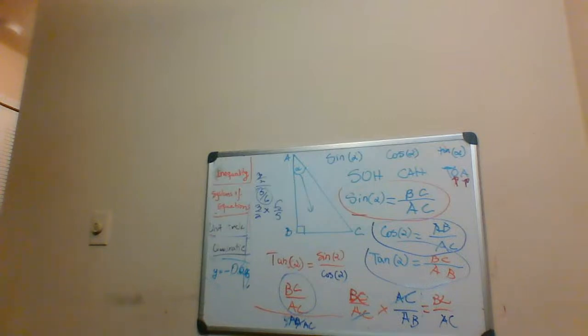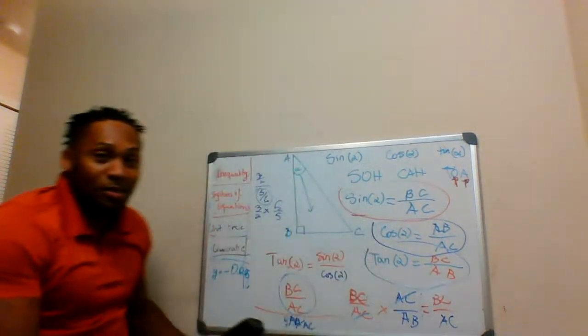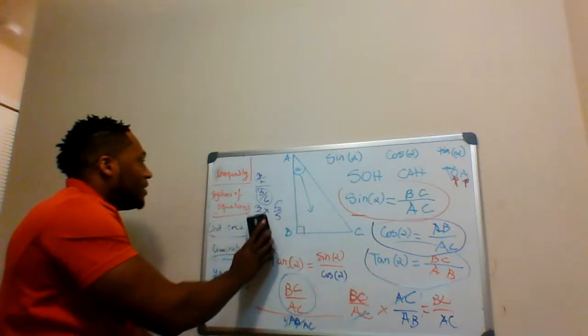Cool. All right, unit circle. Shakira Salman say unit circle. Okay, let's talk about it. If you got something else you want me to talk about too, put it on there. We'll talk about it.